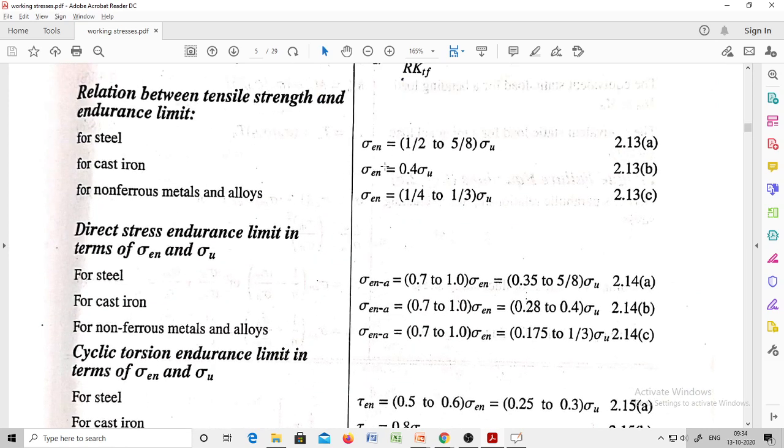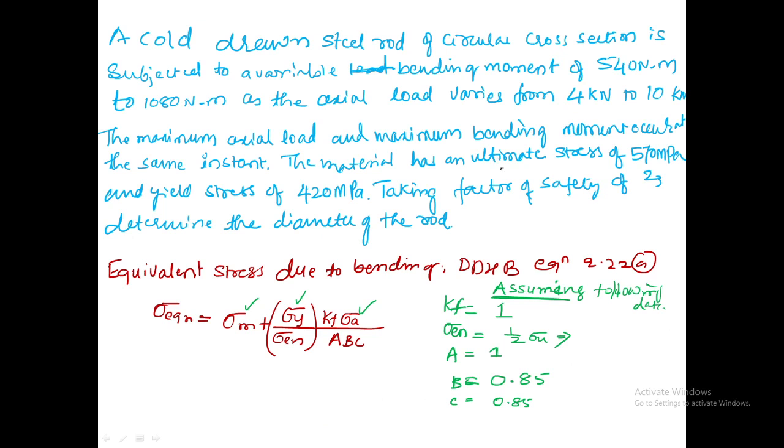So let us go for sigma en equal to half of sigma u. Now you calculate how much you got here. So 1 by 2 of 570, it is 285.